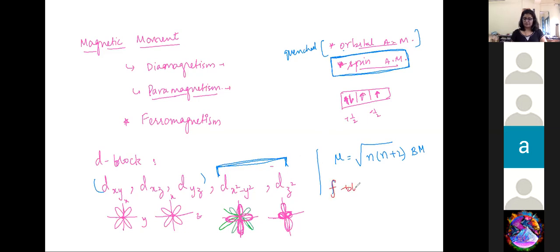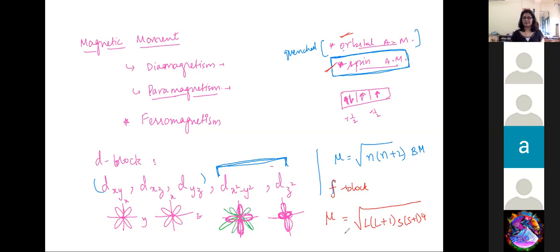In the case of f block, both the orbital angular momentum and spin angular momentum are considered, which is why the formula gets modified as mu equal to root of L into L plus 1 into S into S plus 1 into 4. The reason why it is modified is because you're taking into consideration both the orbital angular moment and the spin angular moment.